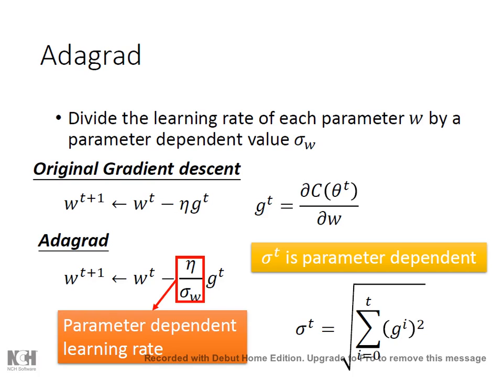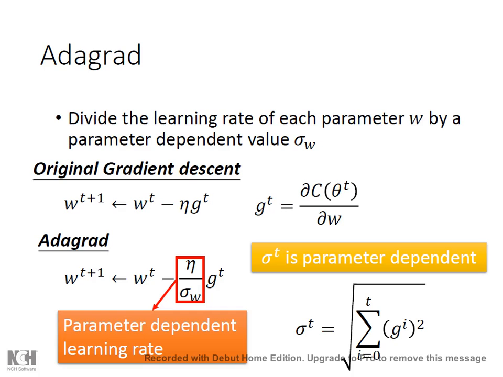So Adagrad just makes a very small modification here. It adds one more parameter called sigma. The sigma is updated for every iteration. Okay, and how do we obtain the sigma? You see the sigma is like this.